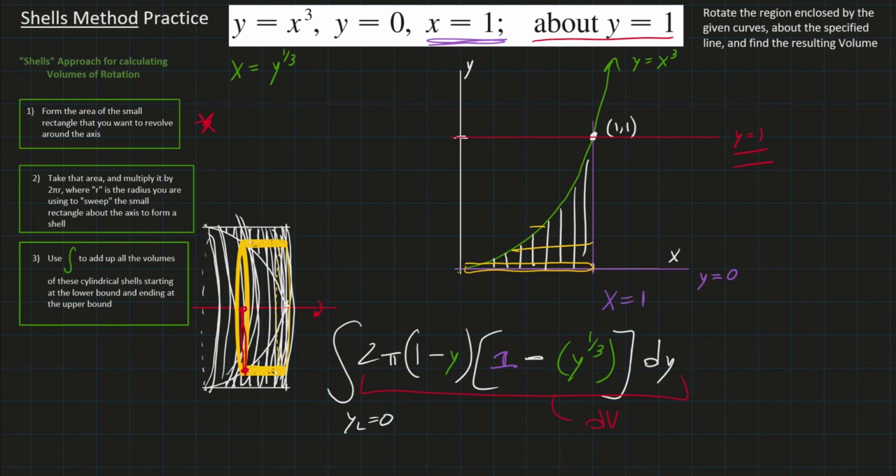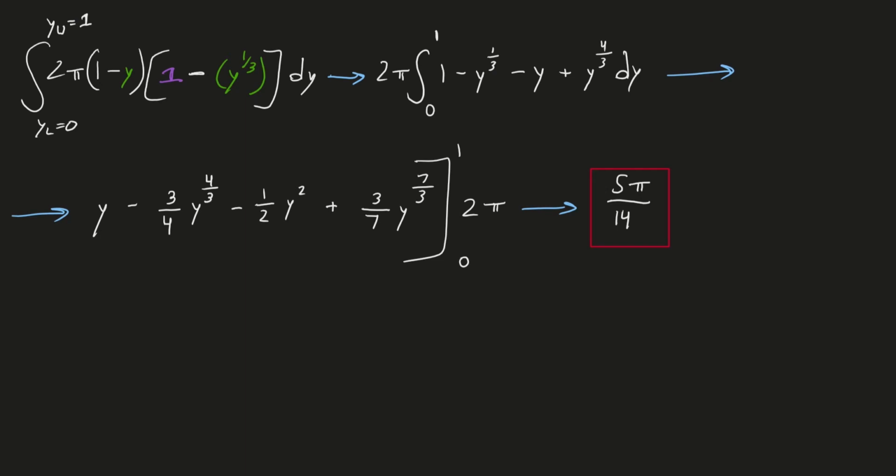And I'll keep adding in those shells until I reach this final rectangle right here, which is at y equal to 1. Alright, so we'll do the math on this integral, and that'll get us 5 pi over 14.